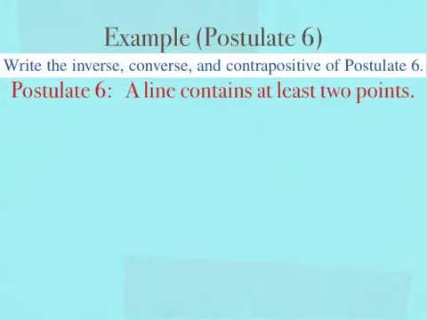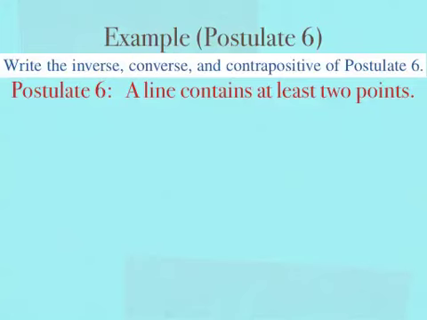An example using postulate 6, it asks us to write the inverse, converse, and contrapositive of postulate 6. Postulate 6 states that a line contains at least 2 points. To find the inverse, converse, and contrapositive, we have to first have a conditional statement. Remember, conditional statements are in if-then form.